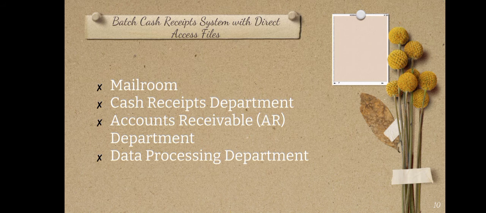In the data processing department, the batch software reconciles the journal voucher with the cash receipt transaction file at the end of the day and updates the AR SUB and general ledger control accounts. The earlier mentioned direct access method is used in these procedures. Finally, the machine generates the transaction listing, which the AR clerk compares to the remittance list.